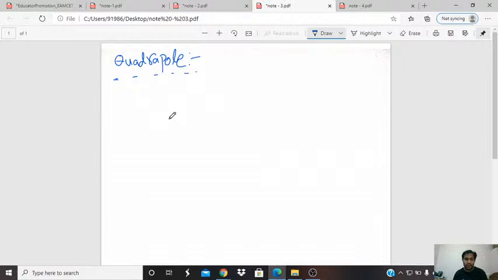For example, this is a system of minus 2q, q and q making angle theta. So actually it is two dipoles, q minus q, q minus q.